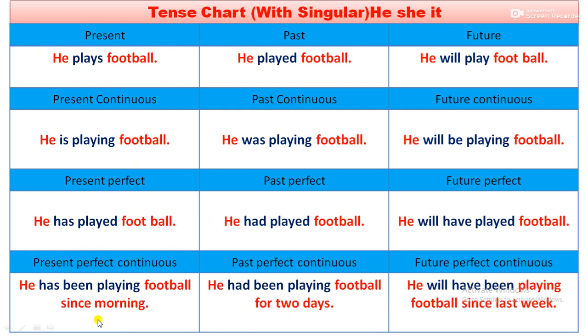We use since for definite, fixed time, and for we use for duration of time. When time is not fixed or certain, then we use for 2 days, for 2 weeks, for 2 months. But with since, the question comes: which 2 days, which 2 months, which 2 weeks. He will have been playing football since last week. Next.